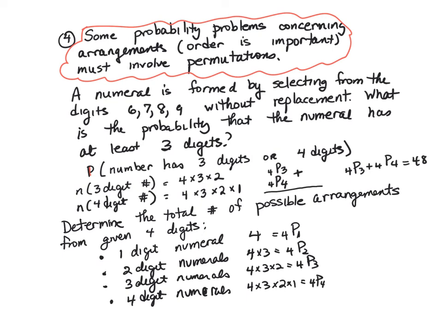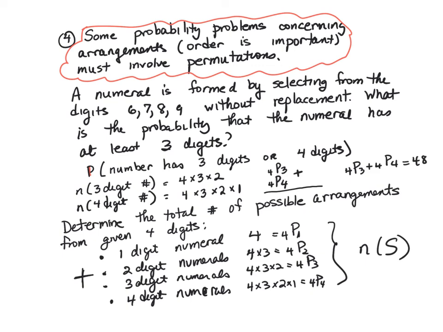So here we have to add all these cases, because these are the total number of numerals we could make from the 4 digits, whether it's a 1-digit numeral, a 2-digit numeral, a 3-digit numeral, or a 4-digit numeral. So we have to add these, and this would represent the number of possible outcomes in our sample space.